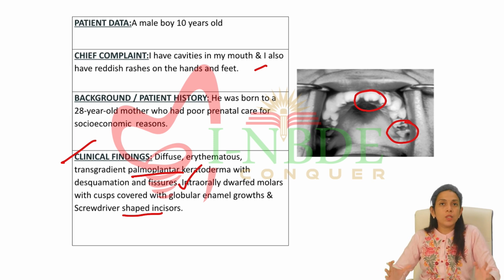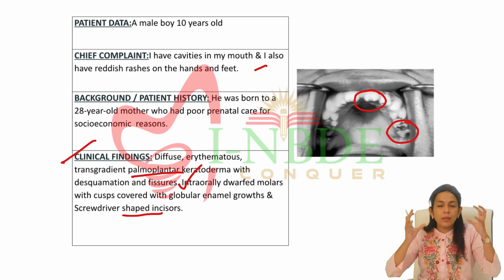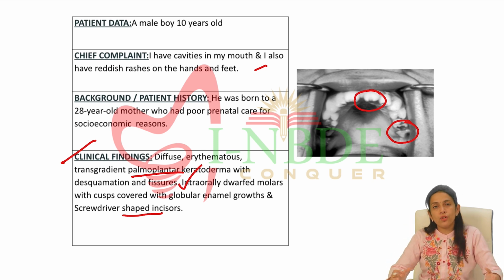So very nice question, to be honest, because you have seen a direct, characteristic feature of a disease where you see the mulberry molars and the screwdriver shaped incisors. These are nothing but Hutchinson's teeth. Okay, so there is a triad called Hutchinson's triad, where you see the screwdriver shaped incisors, mulberry molars, interstitial keratitis, and eighth nerve deafness.